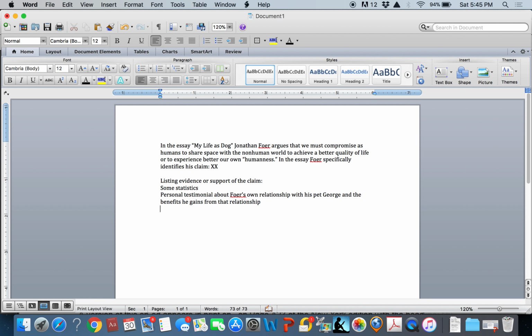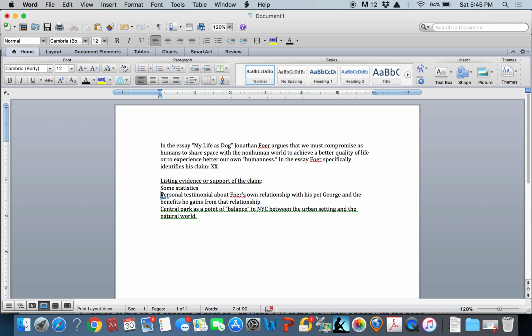So he also gives us this evidence of Central Park as a point of balance in New York City between the urban setting and the natural world. So when I identify the evidence or support that's found, and maybe you'll think of some others, he gives us some statistics.